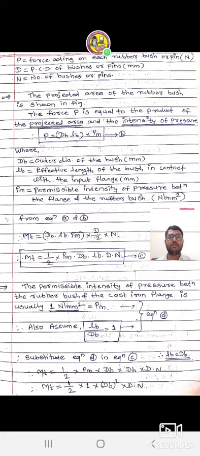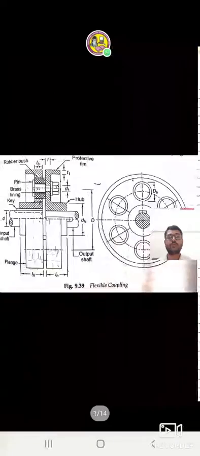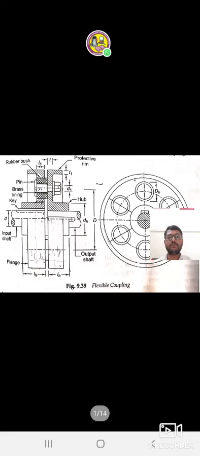Then the projected area of the rubber bush is shown in the figure. In the figure, the projected area is given for the bush linings.